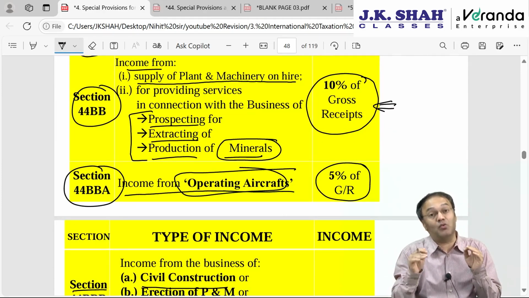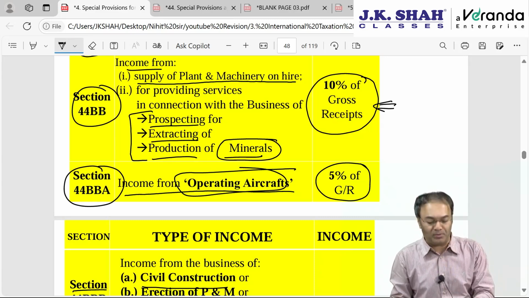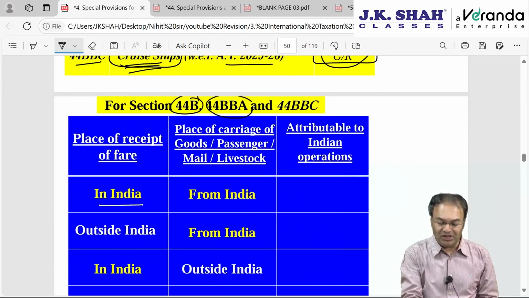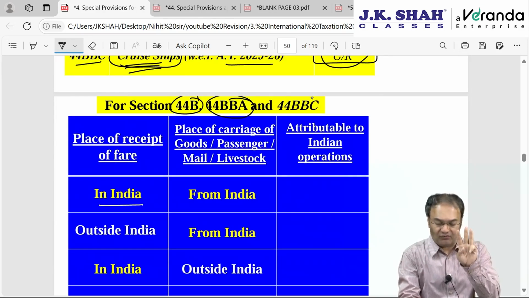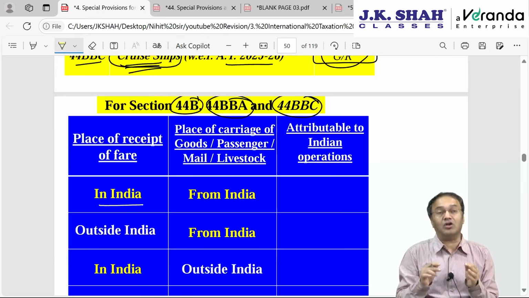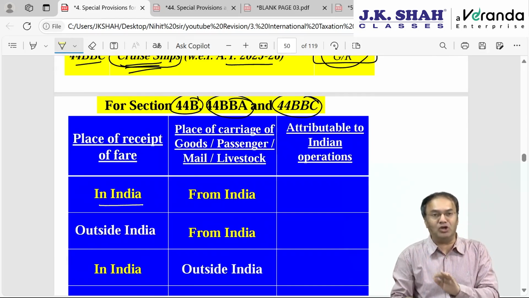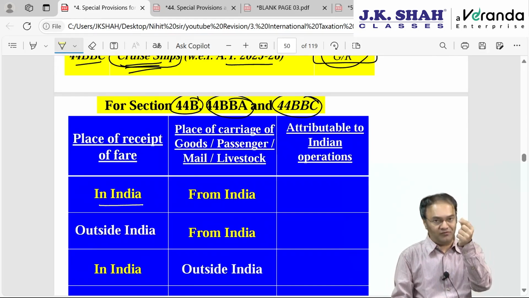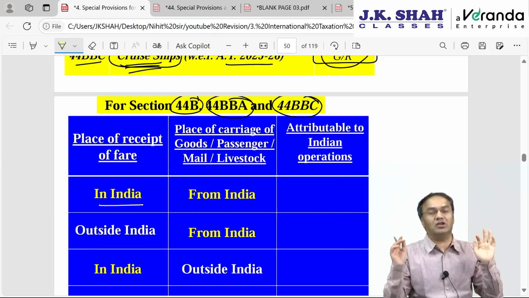The question is, when can we say that the given gross receipt is attributable to Indian operations? So for section 44BB, BBA, that is ship, aircraft, and 44BBC cruise ship, when can we say that income is accruing or gross receipts are attributable to Indian operation? The answer depends upon the place of receipt of the fare, and the place of origination of the journey.